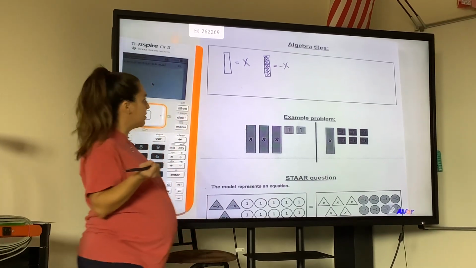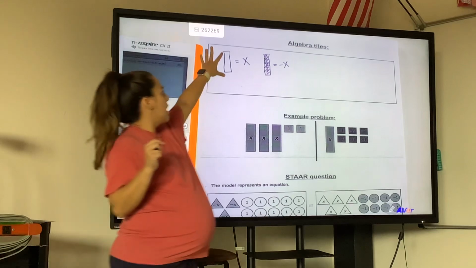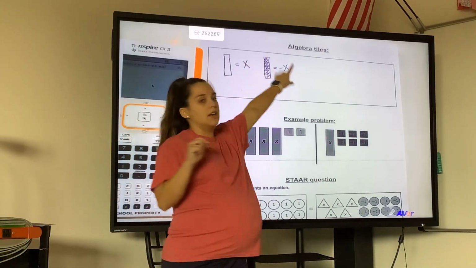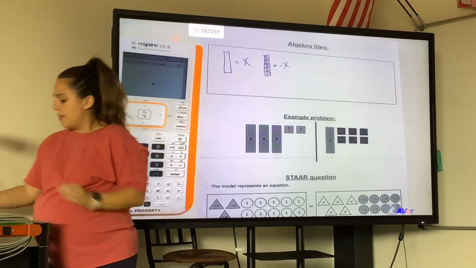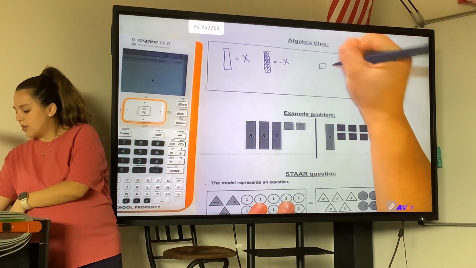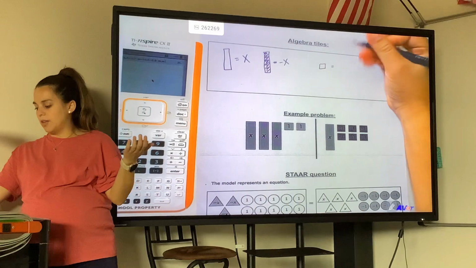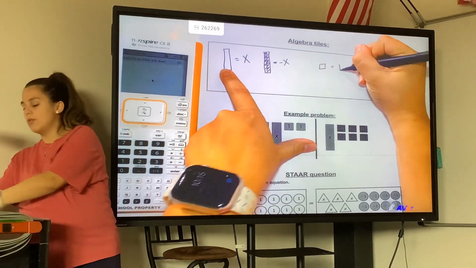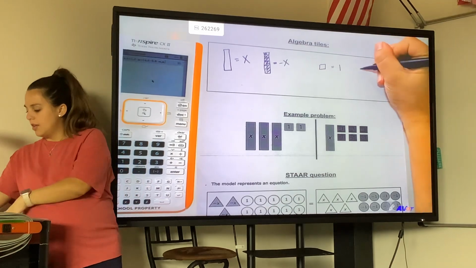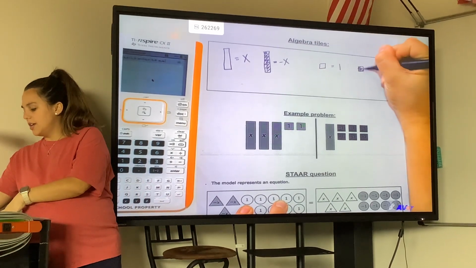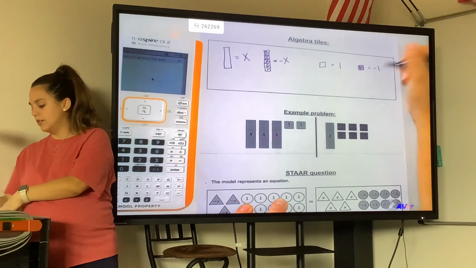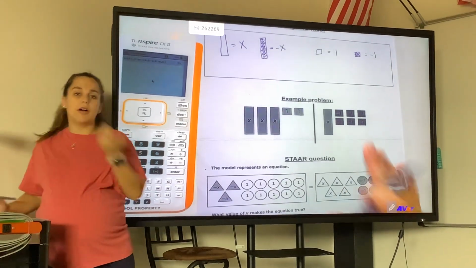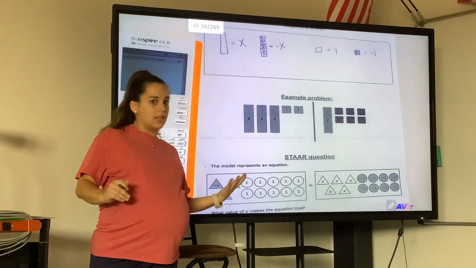So it tells you sometimes, but just know that if you have clear or empty ones or shaded in ones, the shaded in are the negatives. And then you have the little squares. These are just the units. You count them. One unit would be like an empty one, same thing as this, except it is a number 1. A box like this that is shaded is a negative 1.